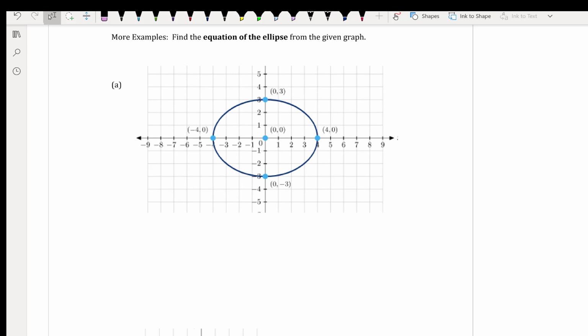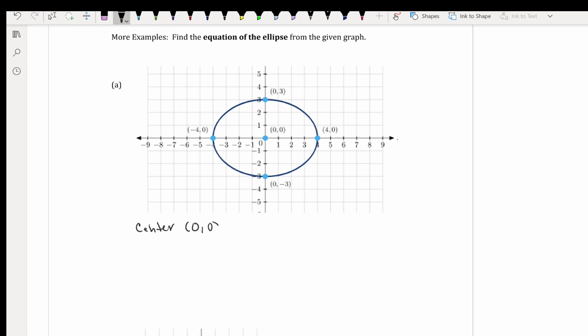Now we're going to be doing things a little bit differently. Now it's giving you a graph, and the question is asking you, hey, find the equation of the ellipse from the given graph. And you're just like, okay, well, let's see. Well, I know that I have my center at 0, 0. So that's perfect.